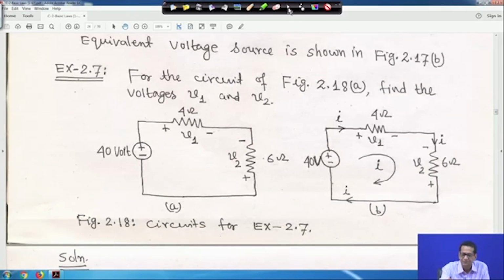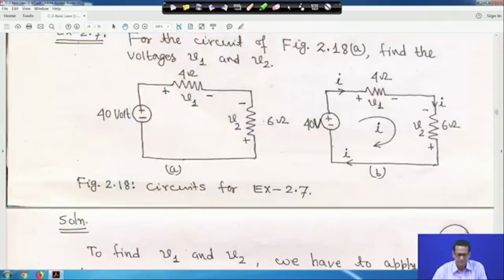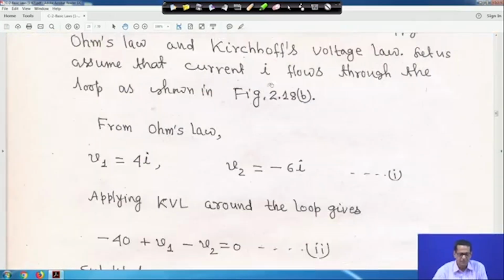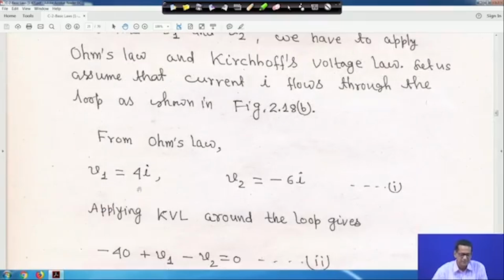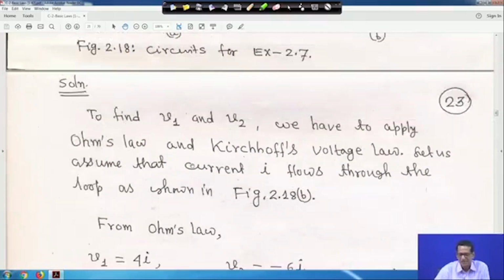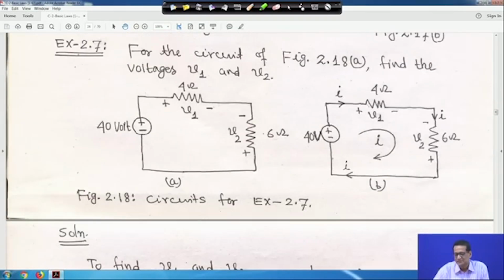From Ohm's law, V1 is equal to 4 into I, because the current is entering the positive terminal. But the way we have taken the polarity for the other resistor, the current is entering the minus terminal.